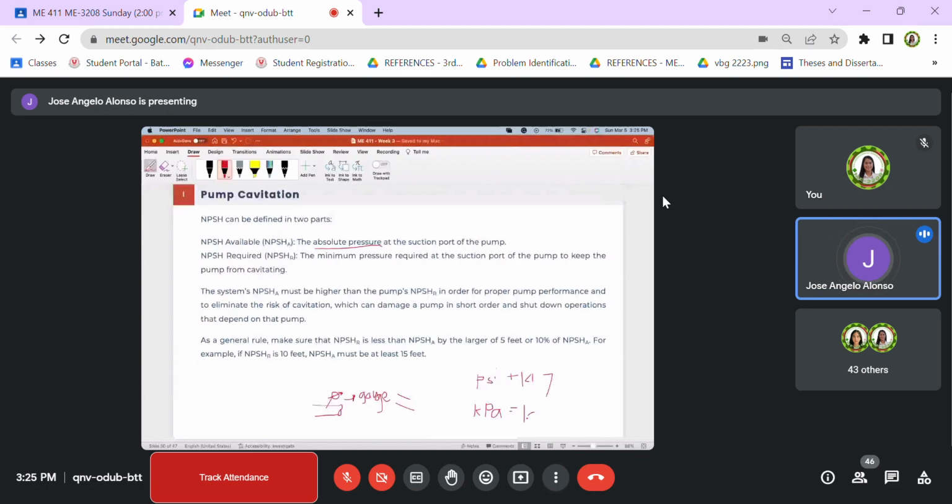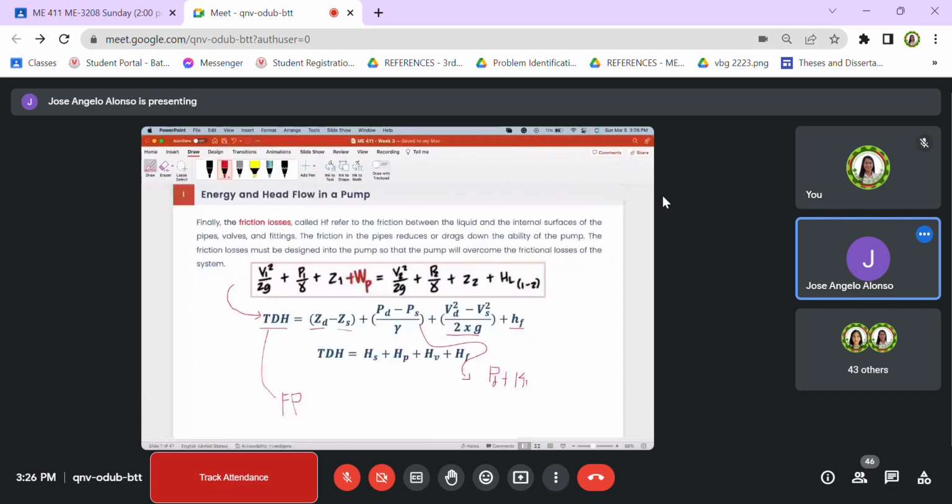Pero bakit hindi natin ito ginawa kapag nagko-compute tayo ng energy balance ng total dynamic head? Kasi let's extract this equation muna. So if PD or pressure discharge plus 14.7, i-minus natin siya the suction side plus 14.7.